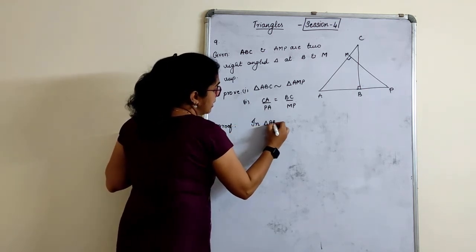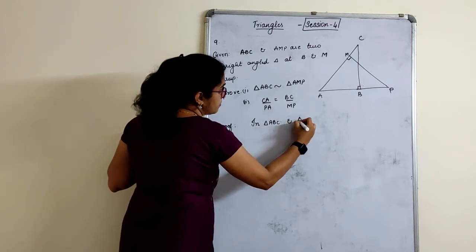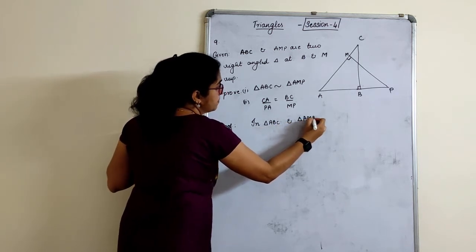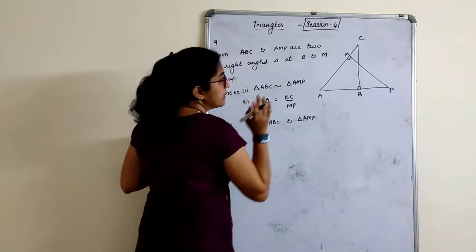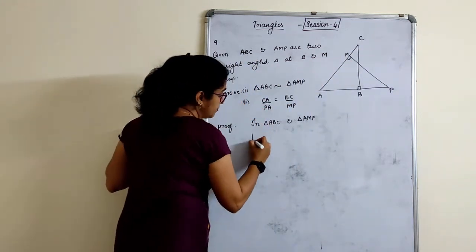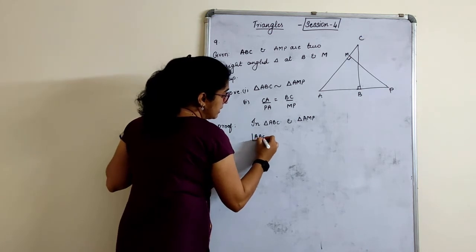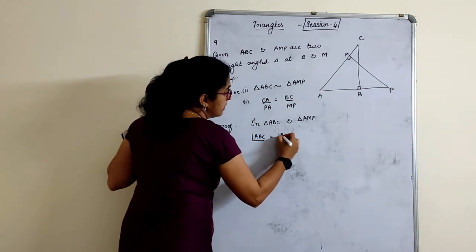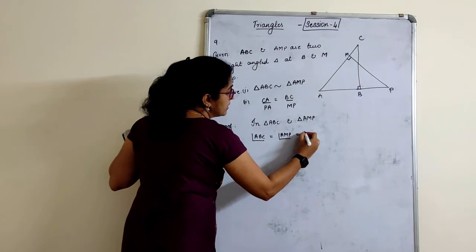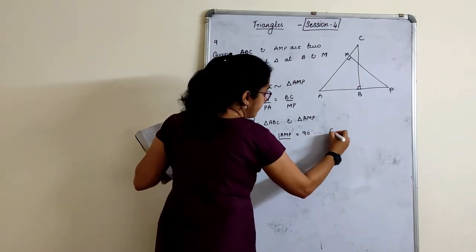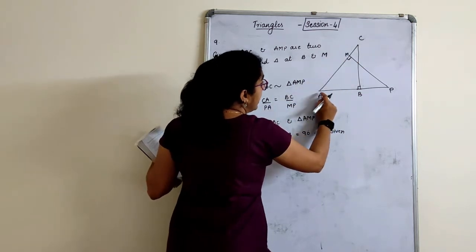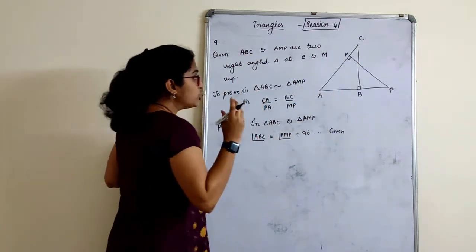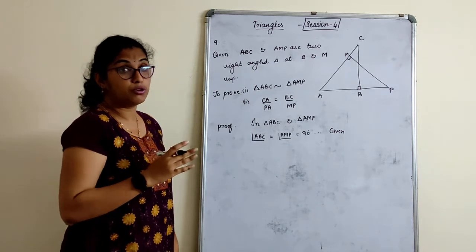In triangle ABC and triangle AMP, ABC is 90 degrees, AMP is 90 degrees. We first write that angle ABC is equal to angle AMP is equal to 90. Reason: given. Then in ABC and AMP, which is the angle which is common to both the triangles?